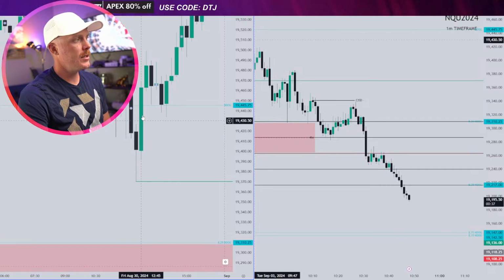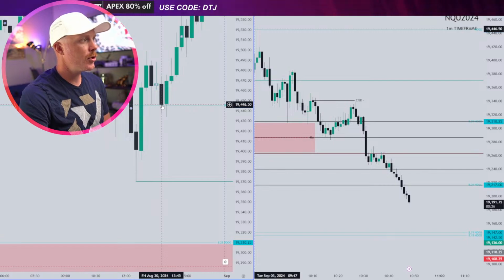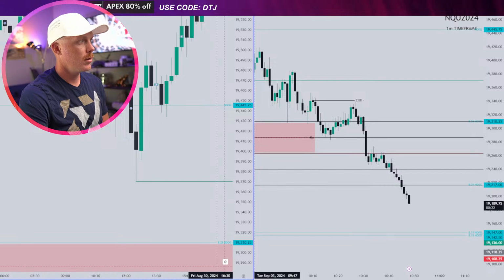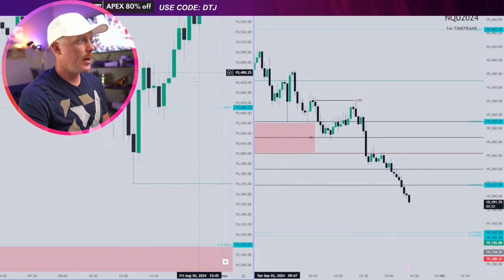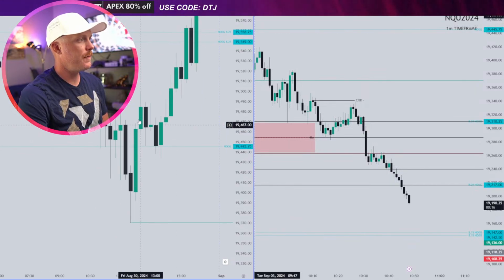So when price comes back into this order block, this candle here, this is another opportunity for smart traders to also go long. And what happens? It explodes higher. This was a great trade. This was a 15-minute fair value gap that found support, and then it exploded higher.